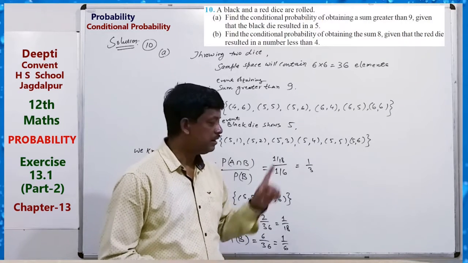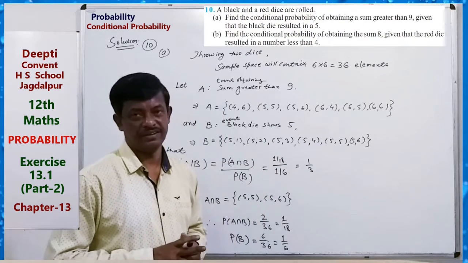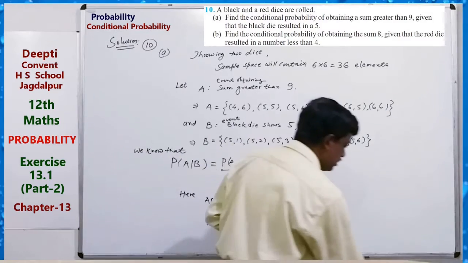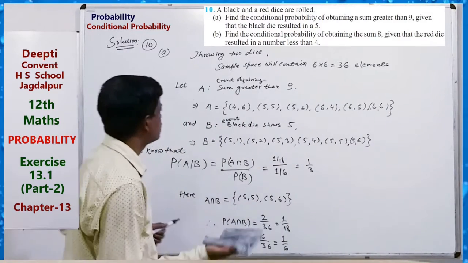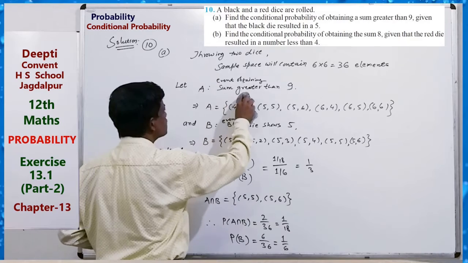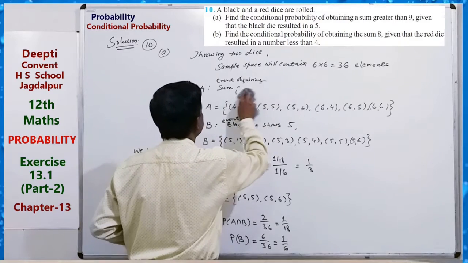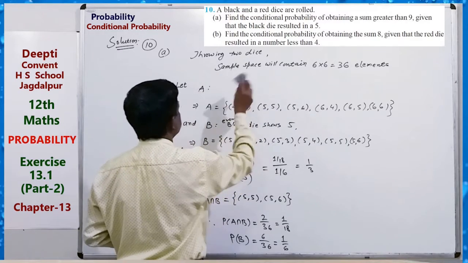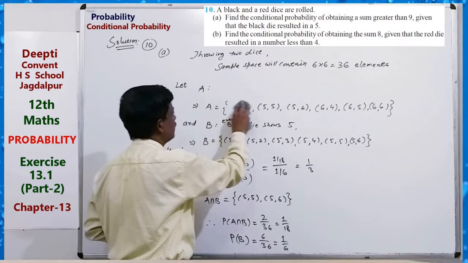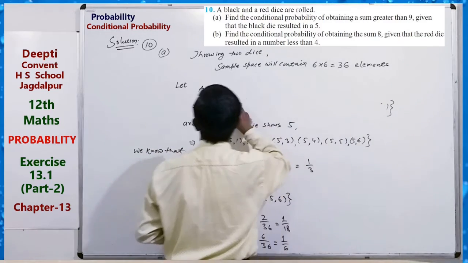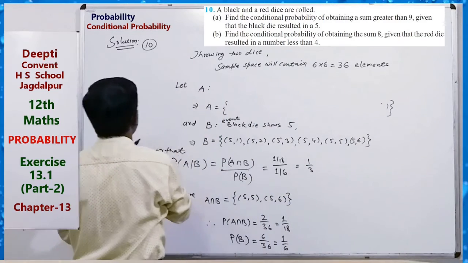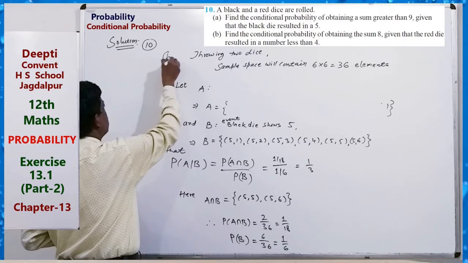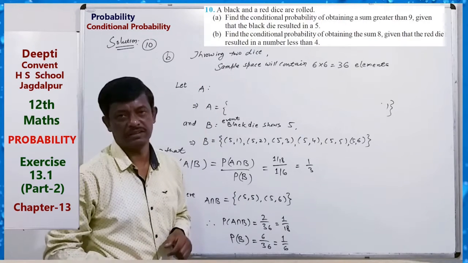And the sum will be 8. So our events: the sum of the observations is 8. For the second part, the sample space will contain like this.